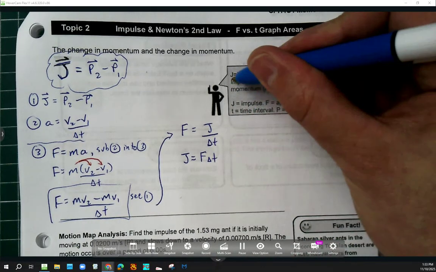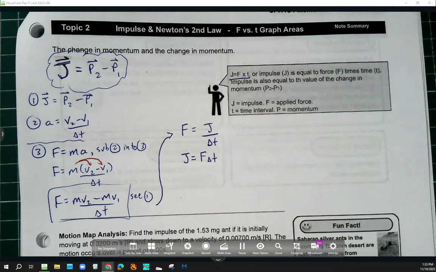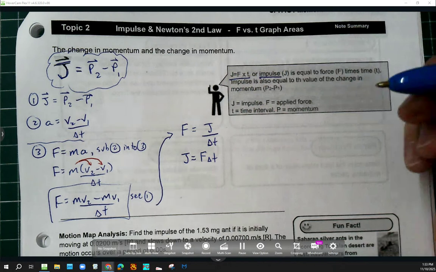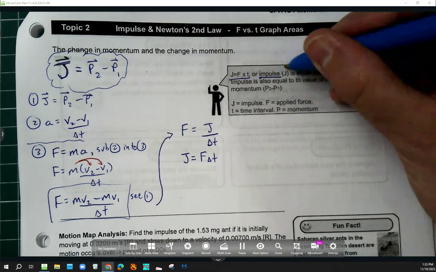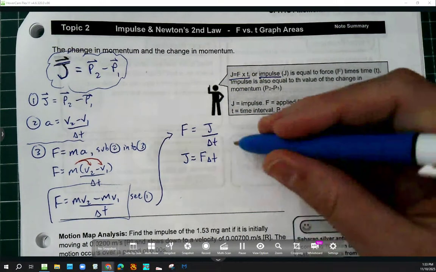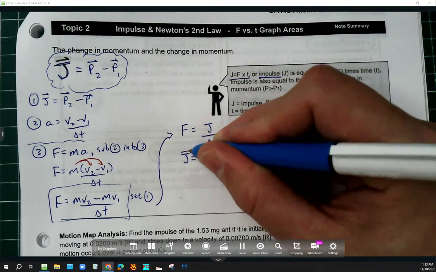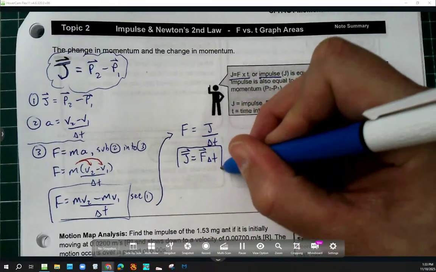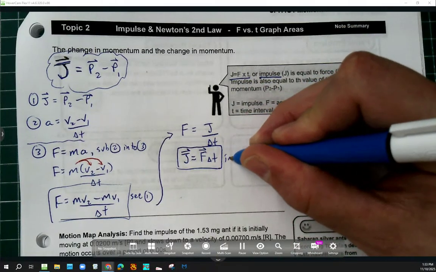So this J equal to force times delta t, that's in my little text box here that I haven't really acknowledged yet, is the impulse. We're using the variable J for that. Notice that J is a vector, F is a vector, time, of course, not a vector.